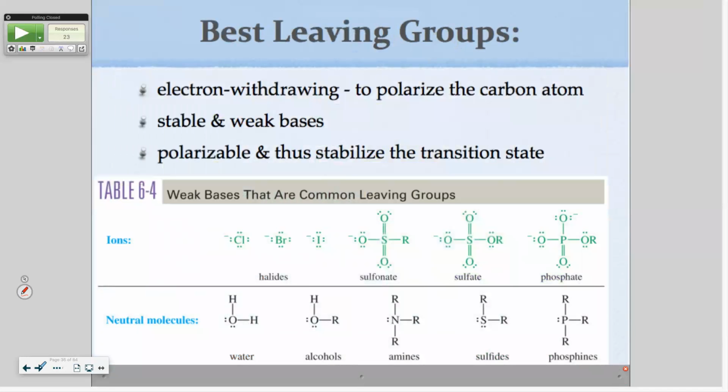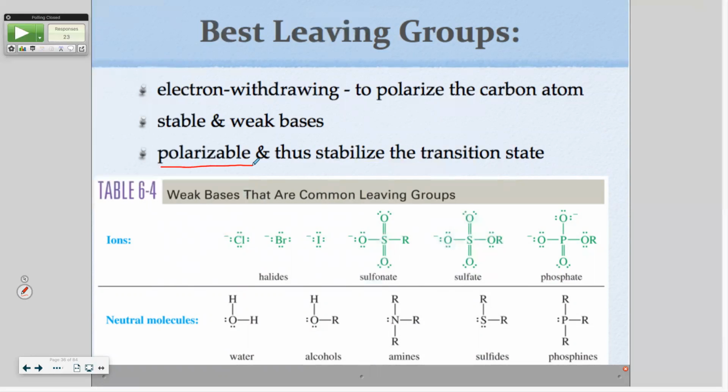All right. So the best leaving groups are going to be electron withdrawing to help polarize that carbon leaving group bond. They're going to be stable and they're going to be weak bases. And then there's this little term, polarizable. What does that mean? Polarizable means that things are squishy.